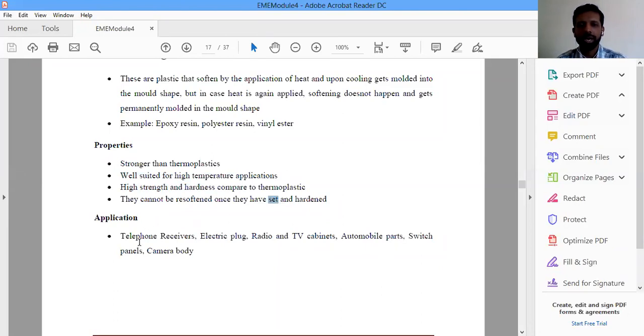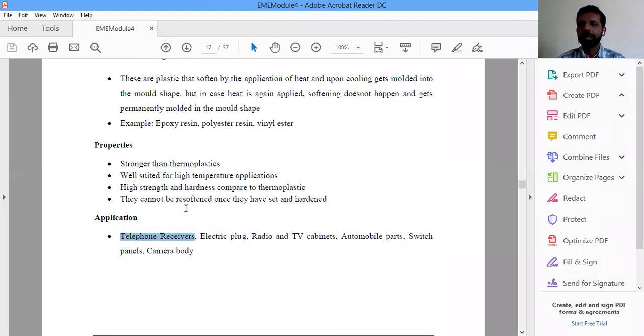So we have telephone receivers, that is the handles of the telephones, some automobile parts, and the electrical switch boxes and switches that we see, all of which are made up of thermosets only.